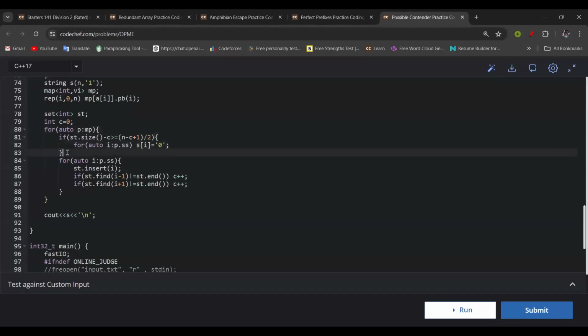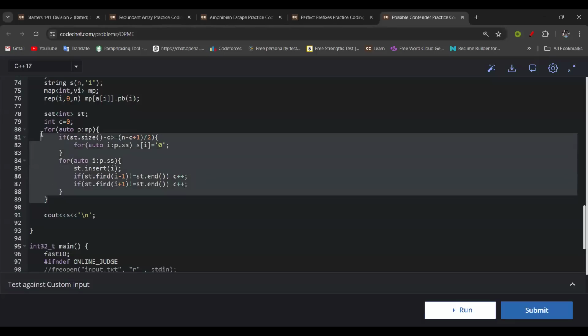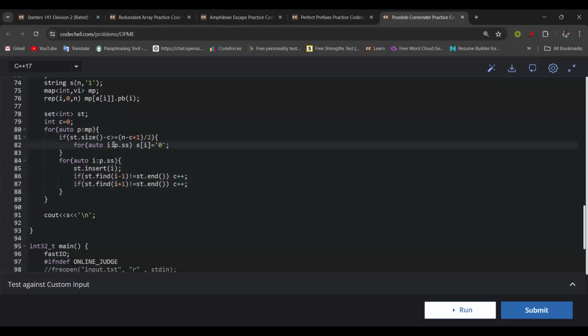And then I have to update my set. So I'm going to each index of the vector, inserting that to the set, and checking if I minus 1 is there in the set. If it's there, then do a C++. If I plus 1 is there in the set, do a C++ again. So this way you would compute your answer string, which is S, and you can just print it.